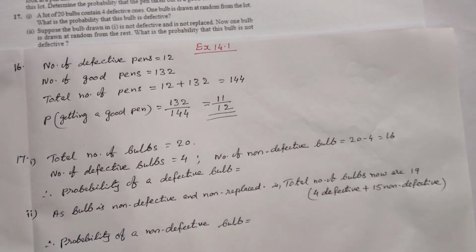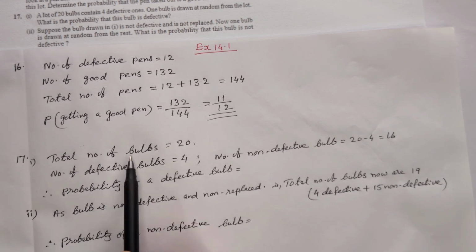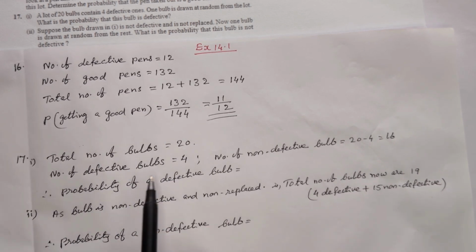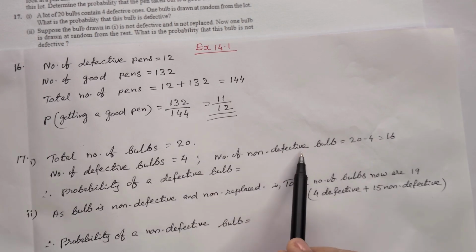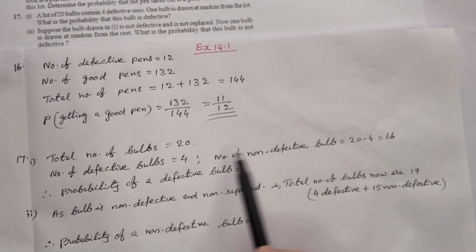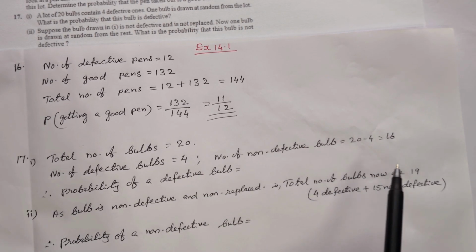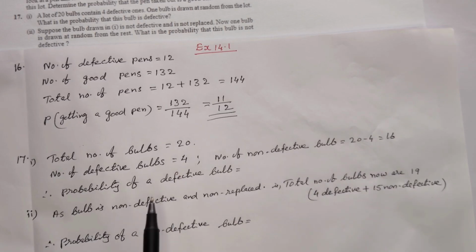A lot of 20 bulbs contain 4 defective ones. So we can write total number of bulbs, that is 20, defective ones 4, which means non-defective ones, 20 minus 4, 16 are there. So 16 good ones and 4 defective bulbs.